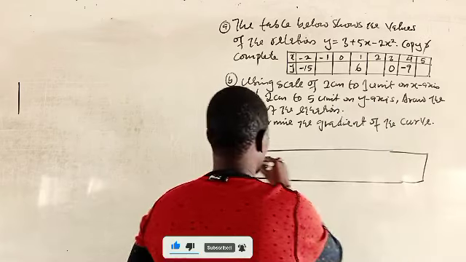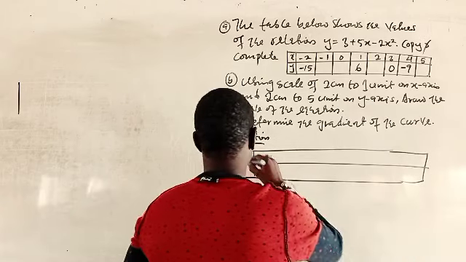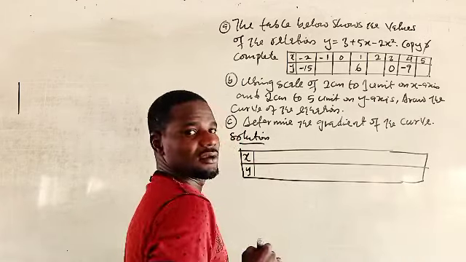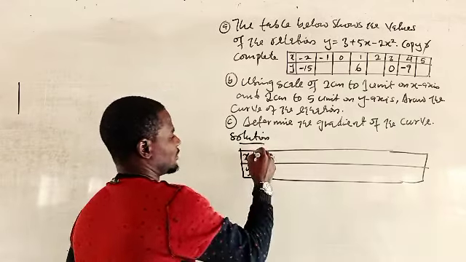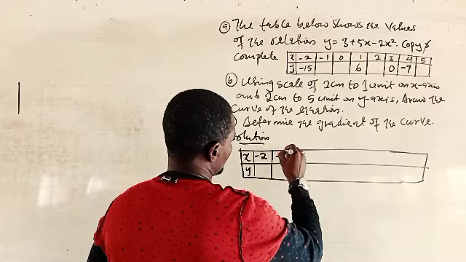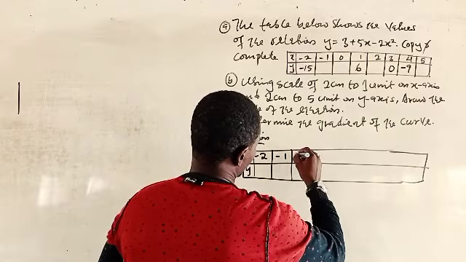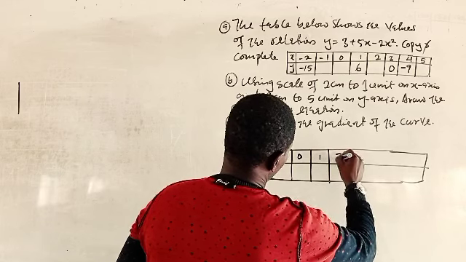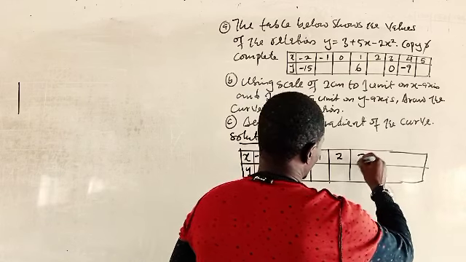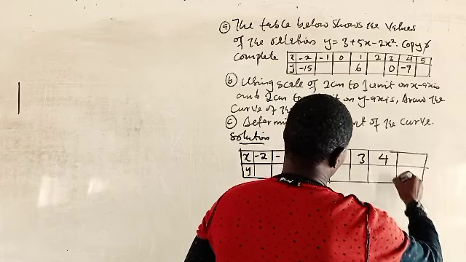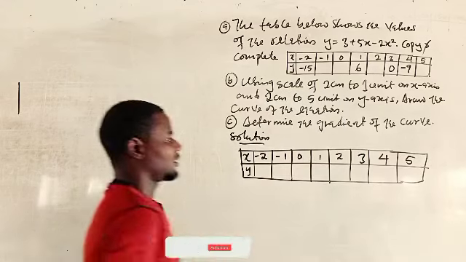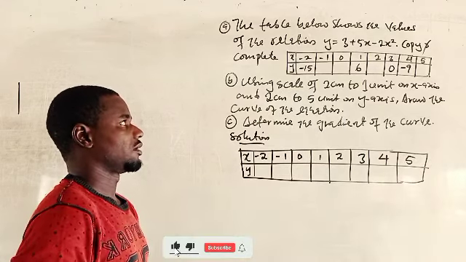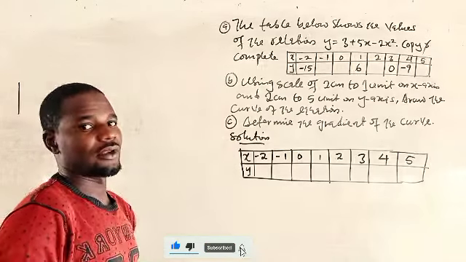What we were initially given was just, this is x, this is y. The first value given is minus 2, minus 1. Then we have 0, after that we have 1, 2, 3, 4, and 5. These are the values of x embedded in the question.